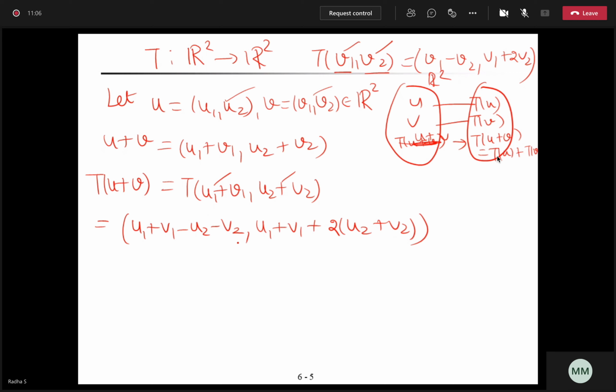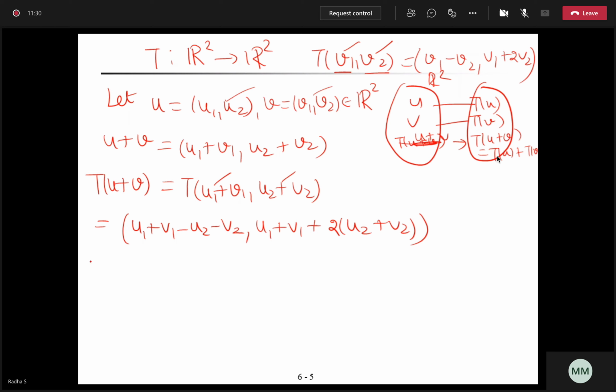The same concept I am using here, but here the first coordinate, the x coordinate, is u1 plus v1 and your second coordinate, the y coordinate, is u2 plus v2. The same I have used. Is this clear, the way I am using the linear transformation and applying it? Hello? Yes, ma'am.